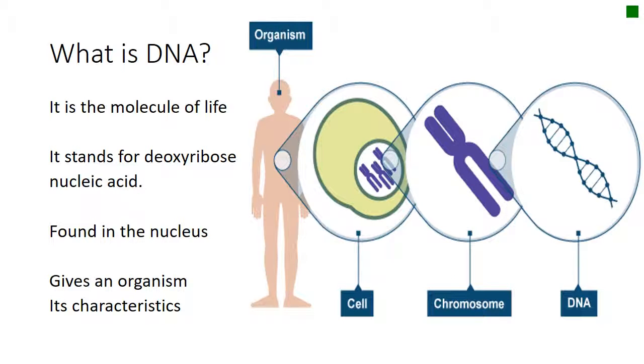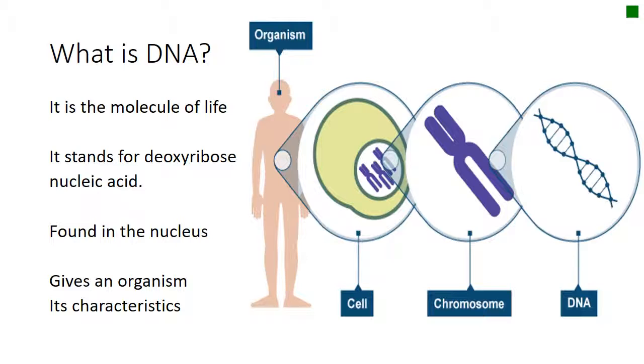So what is DNA? DNA is the molecule of life. You can think of DNA as a blueprint. For example, you have architects and engineers who work very hard to create blueprints and plans to build bridges, buildings, and many things. It's a very detailed plan.